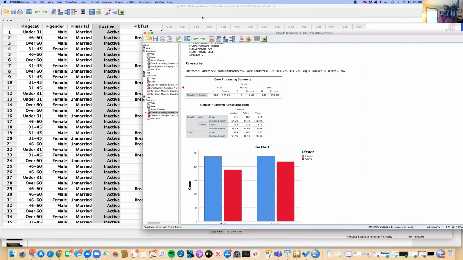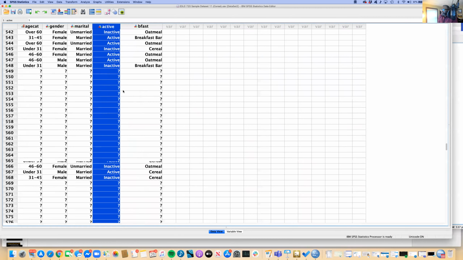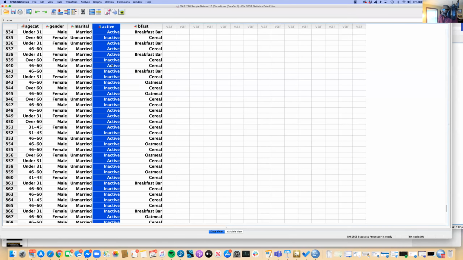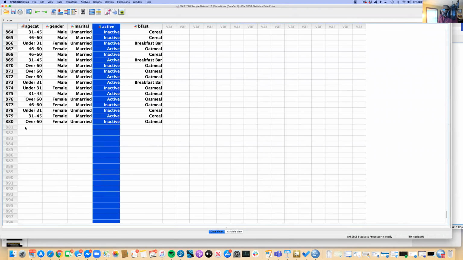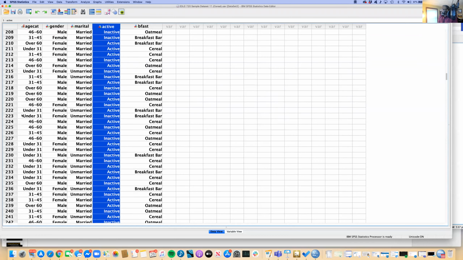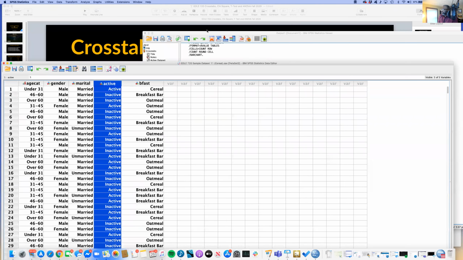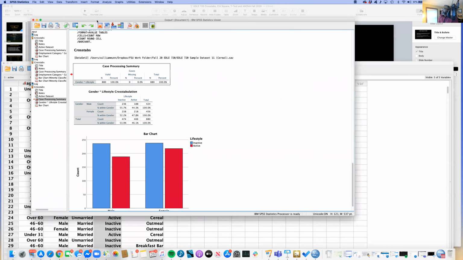So if I come back over here to the data view and scroll all the way down, I should have 880 cases right here. So that lets me know I've got the right data set in place, and we're rocking and rolling.